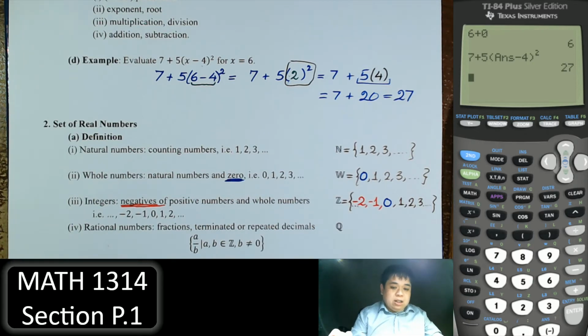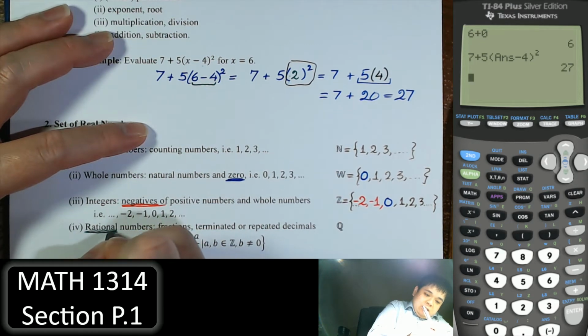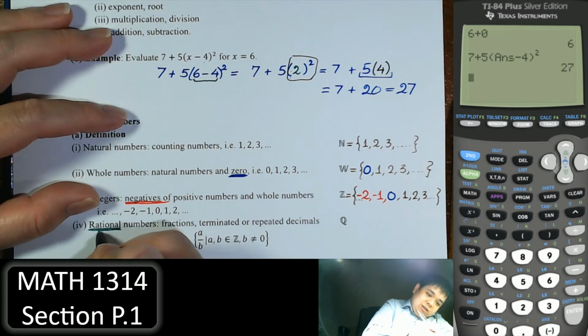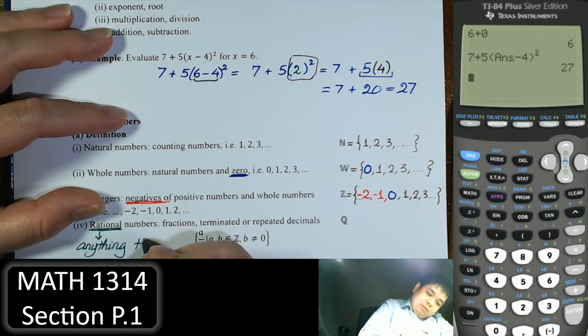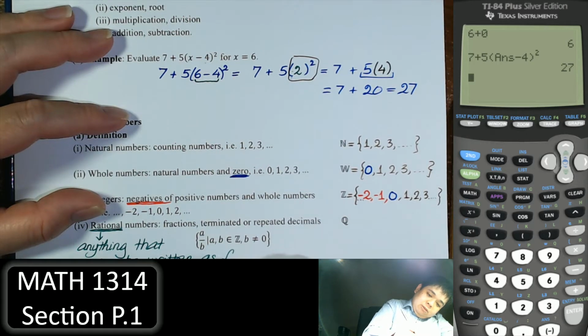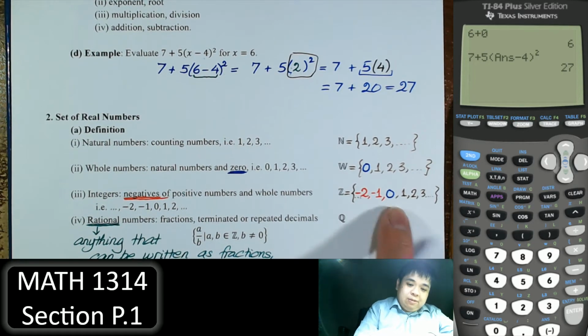So I will write a definition. Rational numbers, meaning that anything can be written as a fraction. So here we have all the integers.